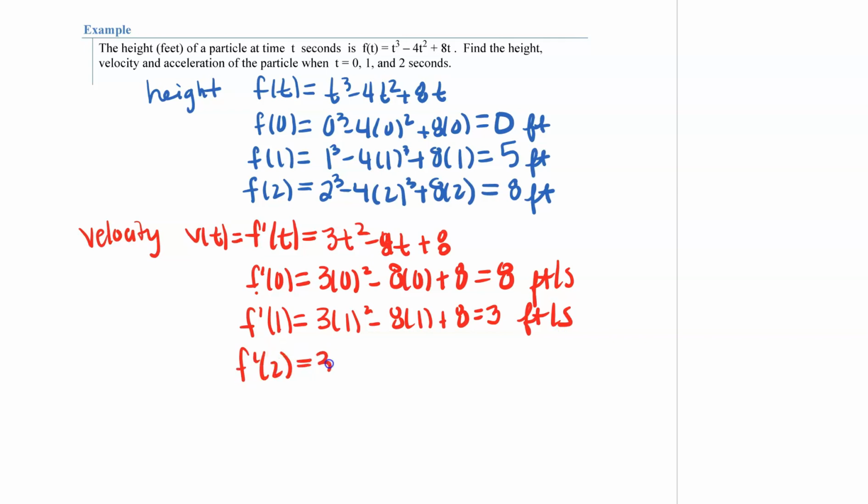And then your velocity after 2 seconds is just plugging in 2. So calculate that out. It gives me 4 feet per second after 2 seconds.